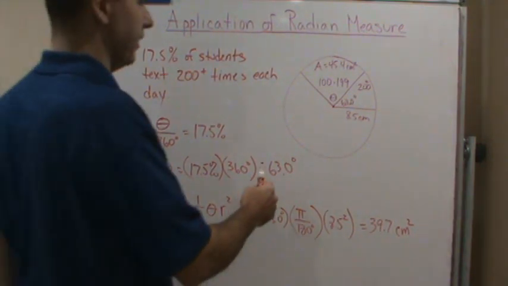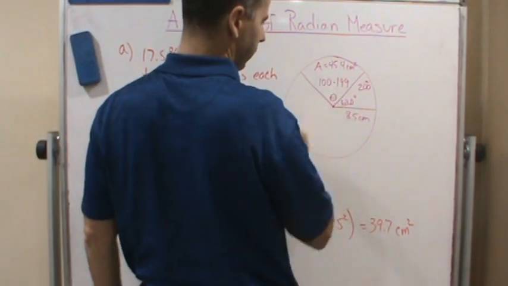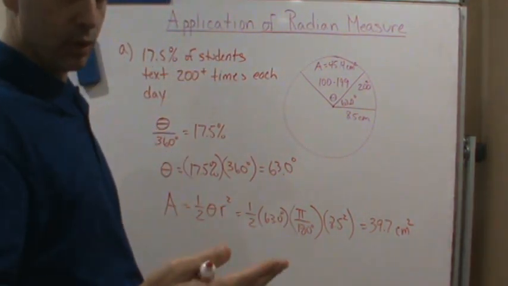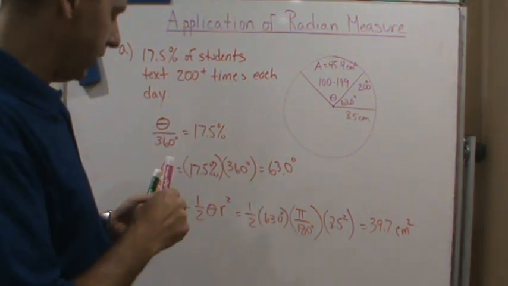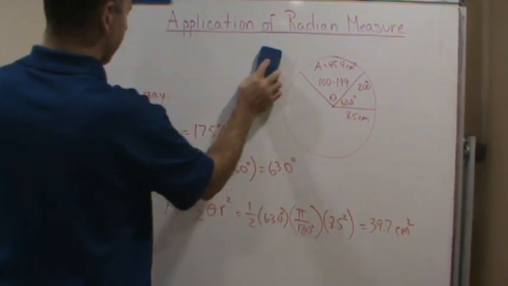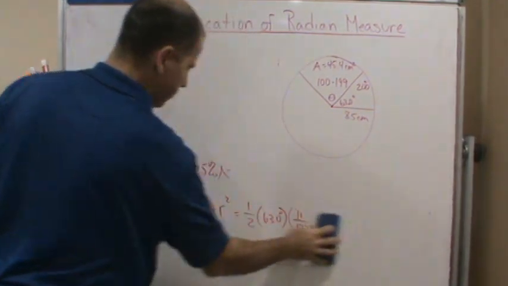So what's theta? Now we're given the area for this group of students who text from 100 to 199 texts per day, and we want to find the measurement of that central angle.